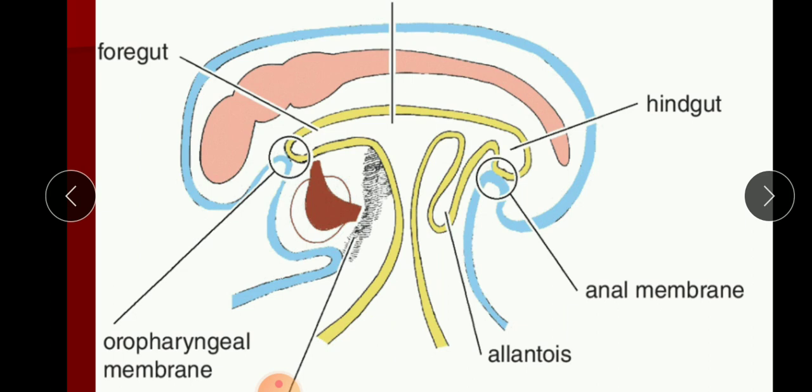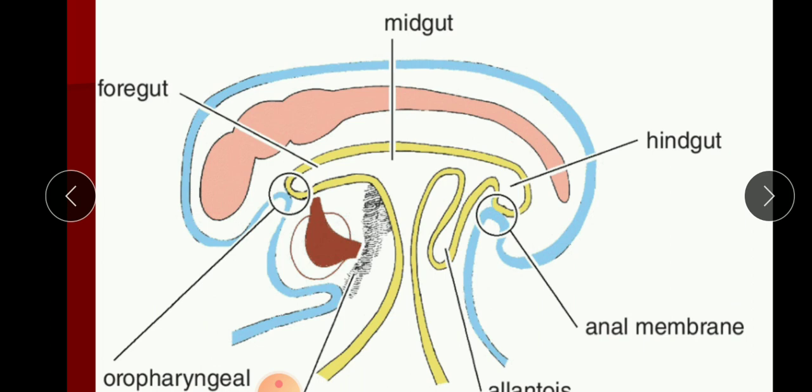Now, as development occurs, this buccopharyngeal membrane and this cloacal membrane will rupture. Thereby, this primitive gut now communicates with the exterior through the mouth here, and caudally through the terminal part of the anal canal. So that is how you get the communication of the gut cranially as well as caudally. That is produced by the rupture of two membranes, the buccopharyngeal membrane cranially and the cloacal membrane caudally.